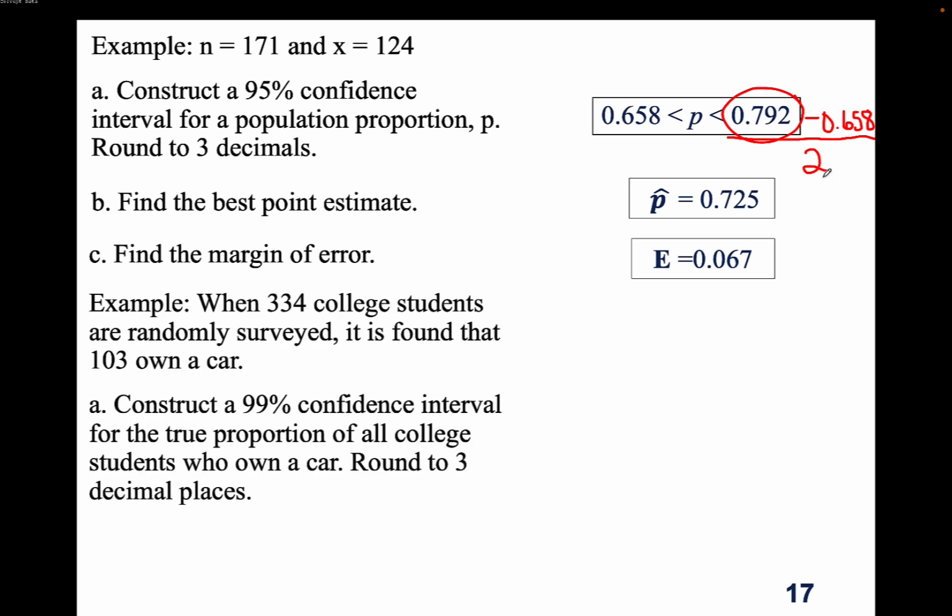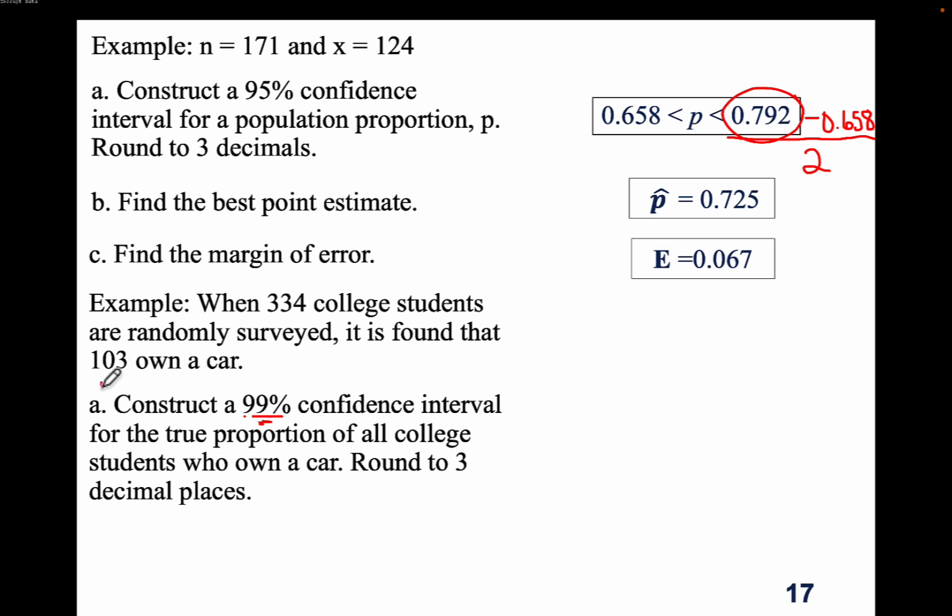All right, here we have another one about college students and if they own their car. When 334 college students are randomly surveyed, it is found that 103 own a car. We're asked to construct a 99% confidence interval for the true proportion of all college students who own a car.